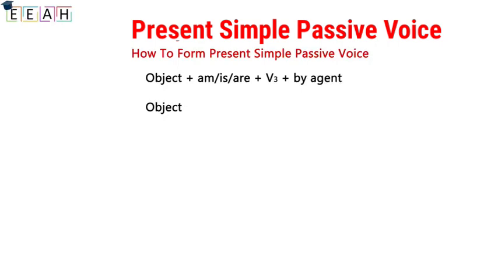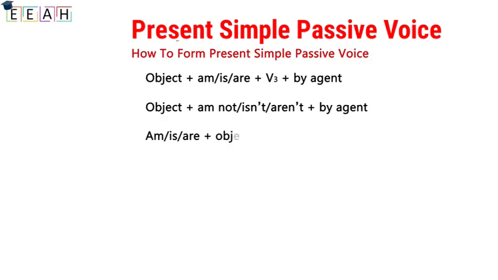If you want to negate it, then you say am not, isn't, or aren't. If you want to form a question, then you need to start with the auxiliary am, is, are, then the object follows, and the past participle form of the verb comes next.